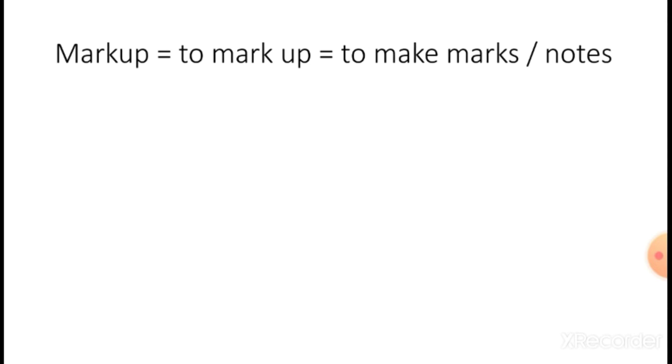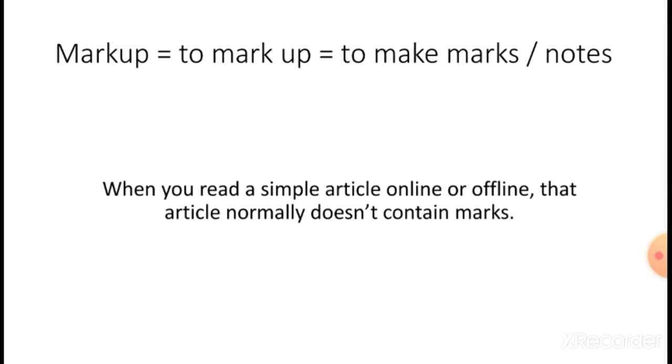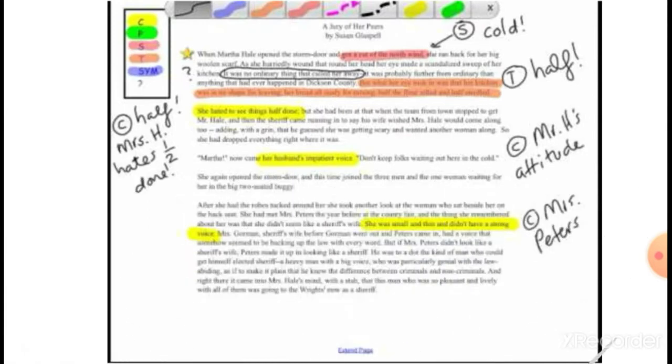Markup. To mark up simply means to make marks or notes. Now, when you read a simple article online or offline, that article normally doesn't contain marks. On the other hand, here is a little text which does contain some marks.